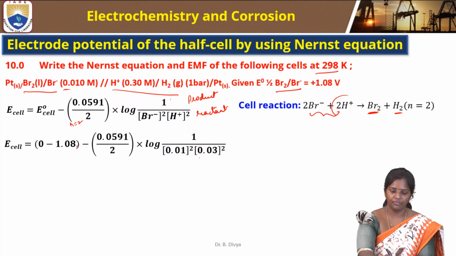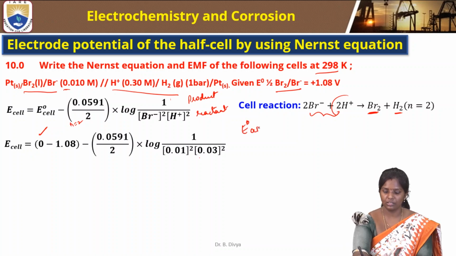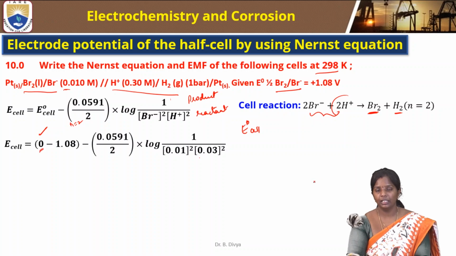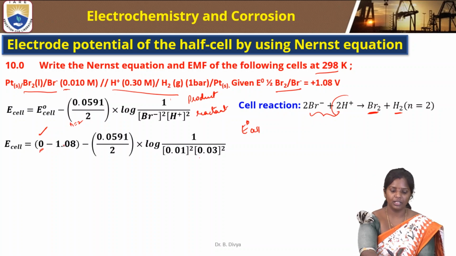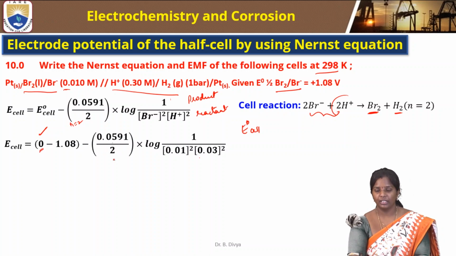They have also not mentioned the E naught cell value. So we have to take into consideration that this is the cathode. The cathode is 0 because of the standard hydrogen cell. So it is 0 minus 1.08 minus 0.0591 by 2, where 2 is the number of electrons.